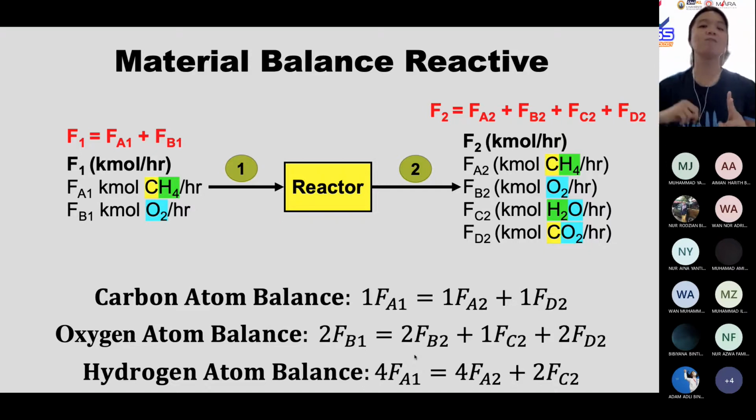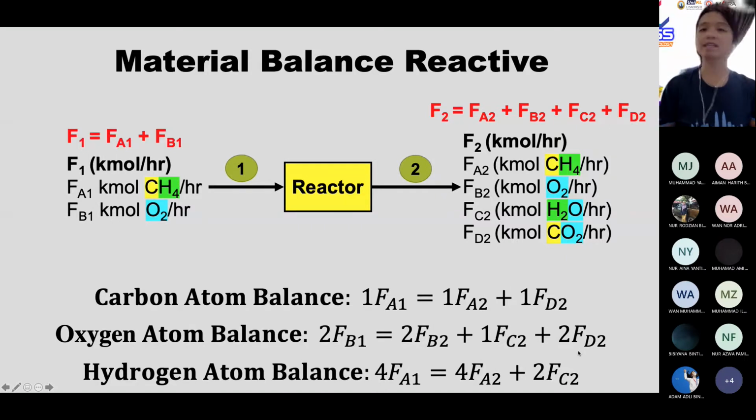So 2 times the molar flow rate of oxygen molecules represents the 2 oxygen atoms. Plus in water, H2O, I have 1 oxygen atom as well. So plus 1 multiplied by FC2. Plus, next one, oxygen in CO2, I have 2 oxygen atoms. So 2 multiplied by FD2.